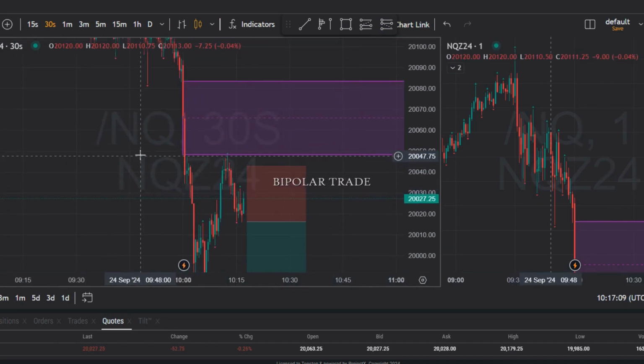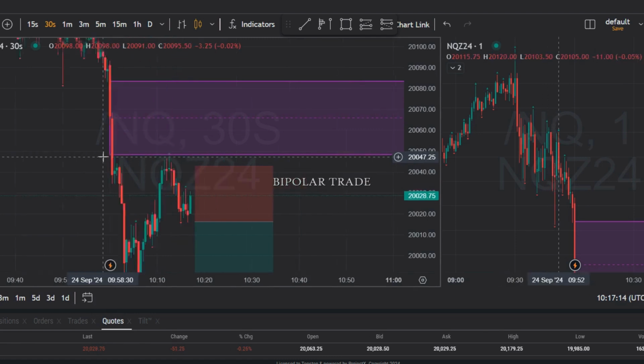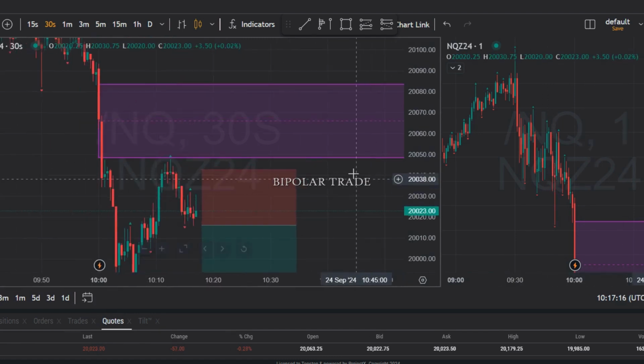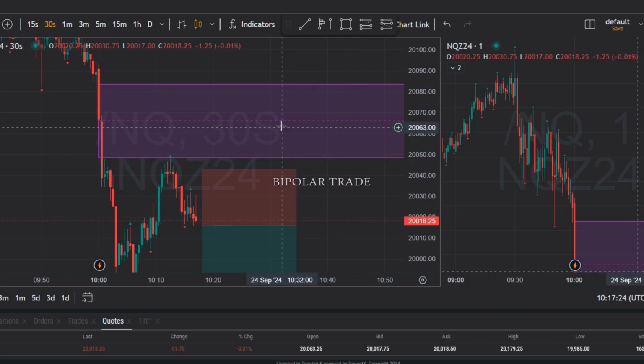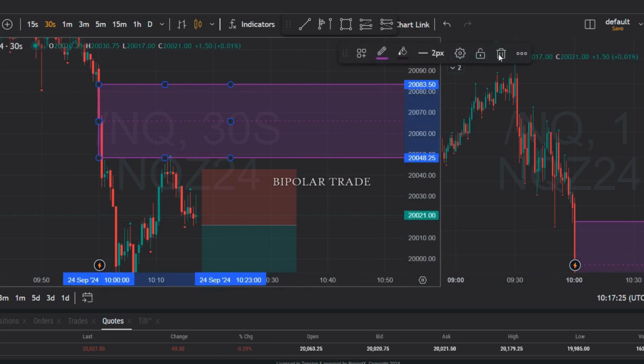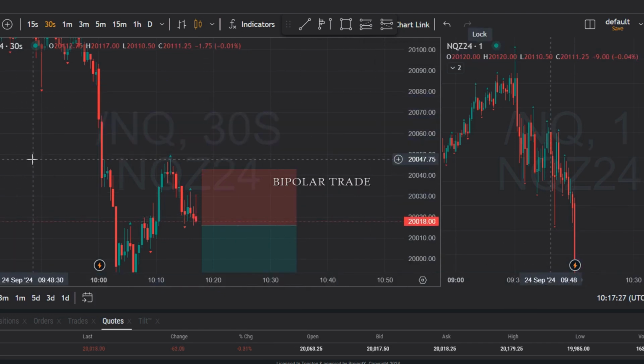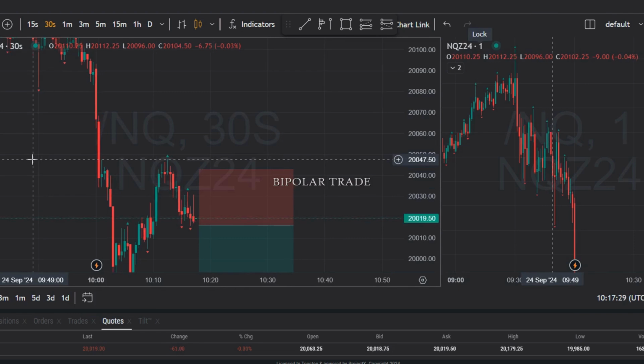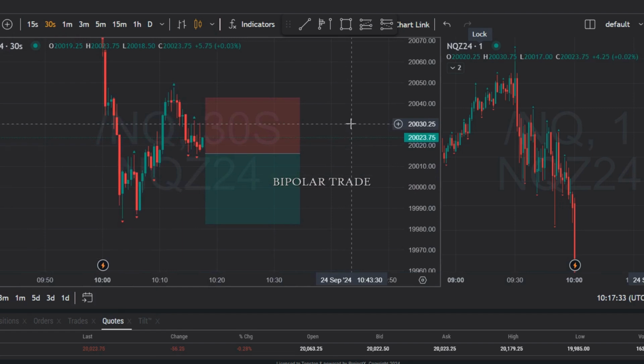But in 30 minutes, it has not mitigated the fair value gap. In futures. But in spot, it is mitigated. Let me check again. It's mitigated inside. Okay, fine.